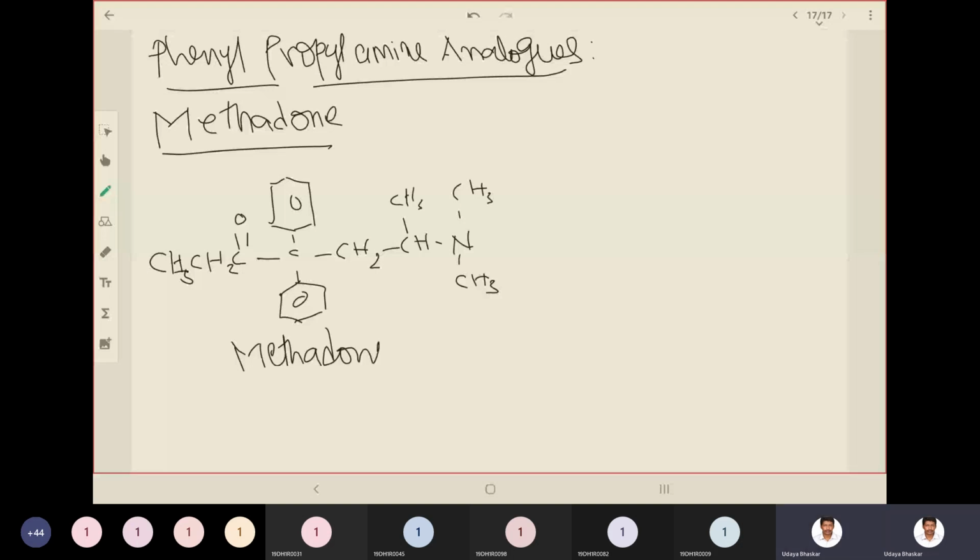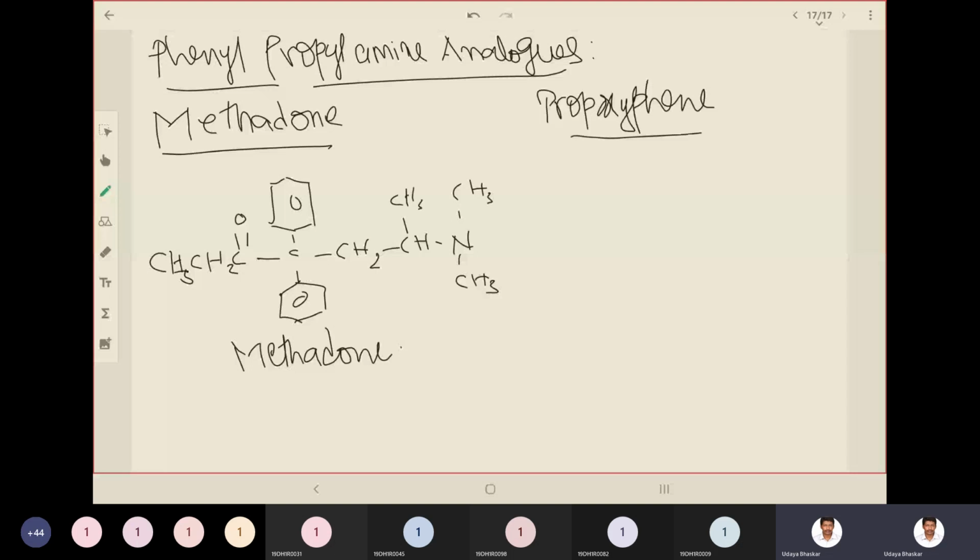And if you see the structure of its sibling, that is propoxyphene hydrochloride, let us compare the structure of propoxyphene with that of methadone. Salt of hydrochloride means just put a dot and put HCl. That's it. Okay.